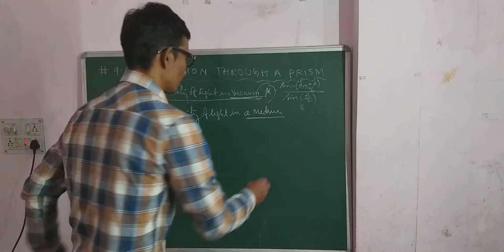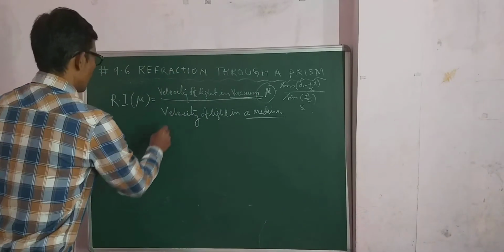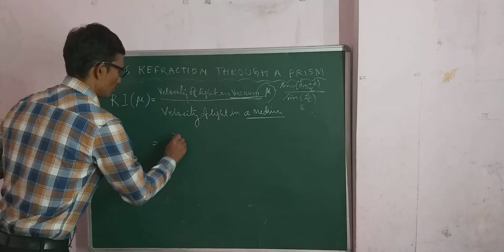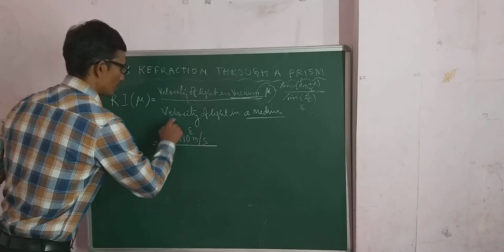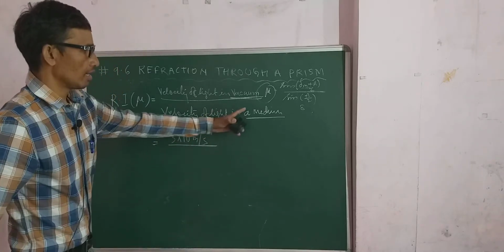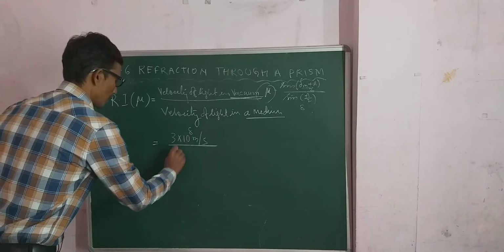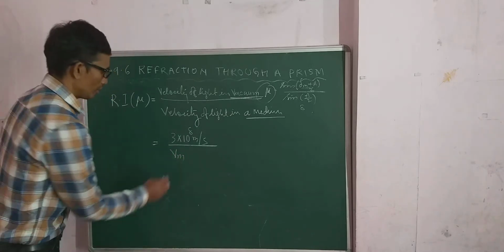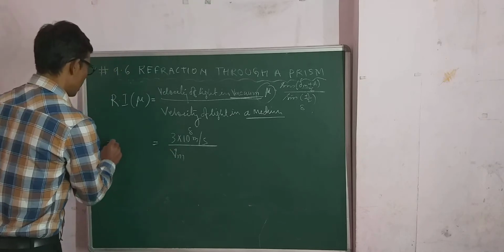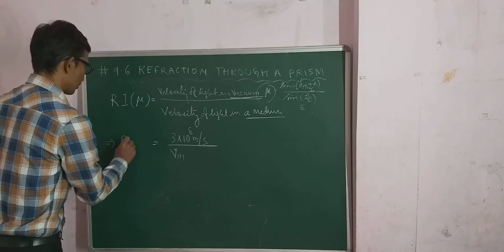So you can say the maximum velocity of light is 3 into 10 to the power 8 meter per second. The velocity of light in any medium is called Vm, the velocity of light in the medium. This is the refractive index.